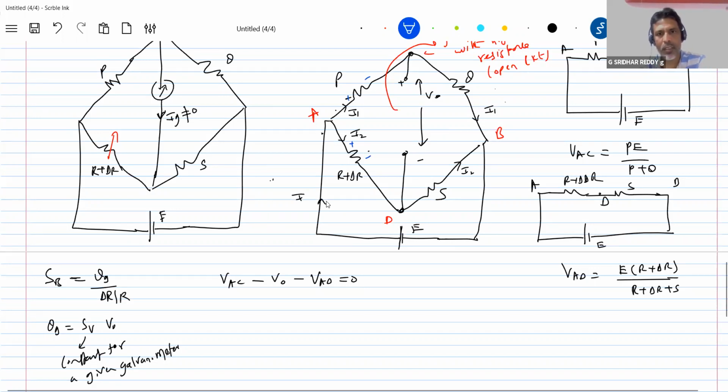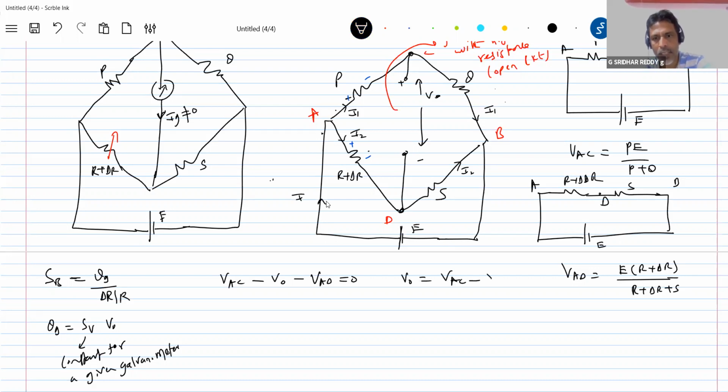So V naught is equal to VAC minus VAD. So VAC will be substituted. Okay, this is plus, no? Is that KVL okay?